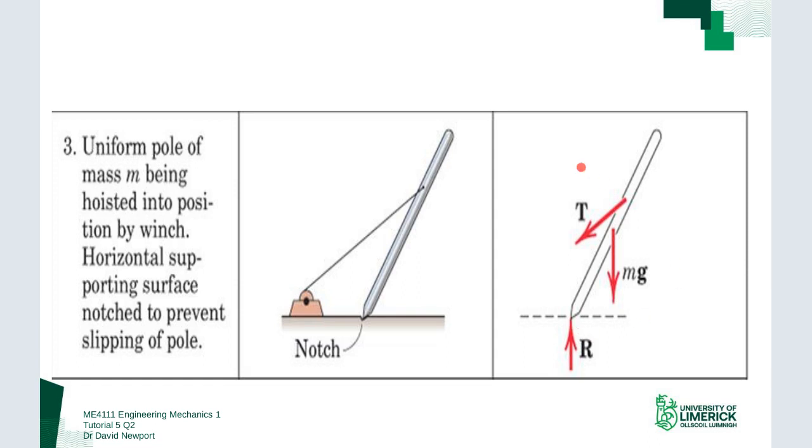The next one: a uniform pole of mass M, so the weight of this is important, held in position by a winch, supported with a notch to prevent slipping of the pole. That notch will allow rotation and it will prevent movement in the plane, through the plane, and also in the lateral direction.